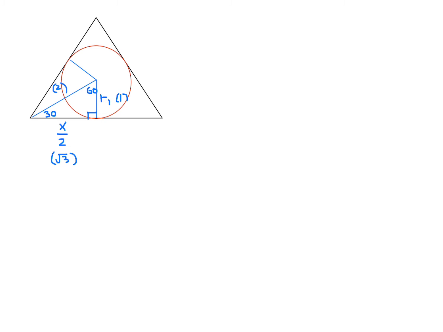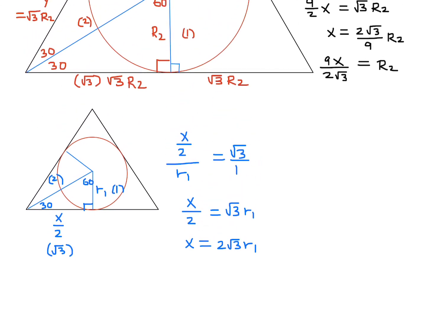So I can easily get a relationship between x and R1. X over 2 over R1 is the equivalent of root 3 over 1. Right? So that means x over 2 is equal to root 3 R1 cross multiplying, and x therefore is equivalent to 2 root 3 R1. So there we go.